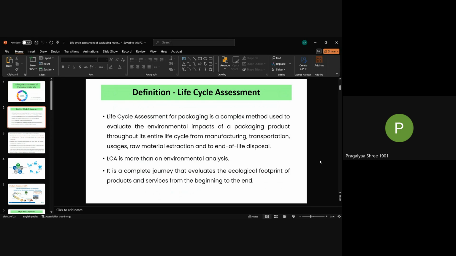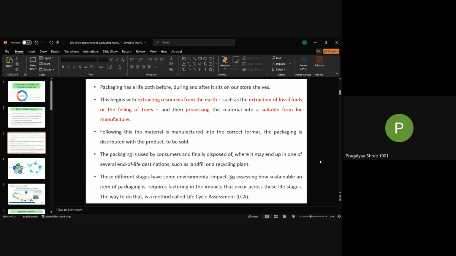Next, packaging has a life both before and during the packaging, that means during the utilization period and after being utilized. When a packaging material is made, we are making different types of packaging materials to contain fruit juices, vegetables, dried food substances, fresh produce, as well as other durable products.